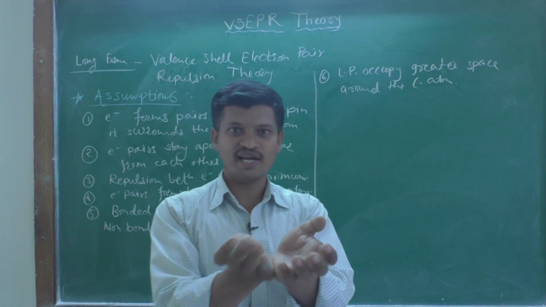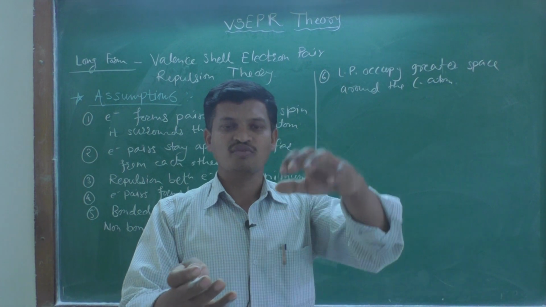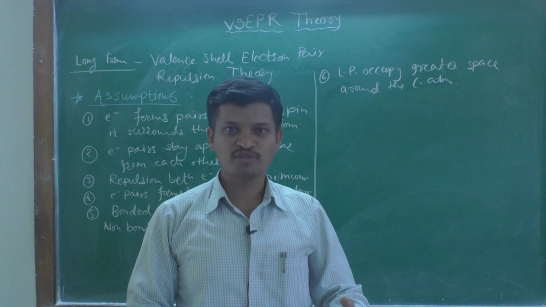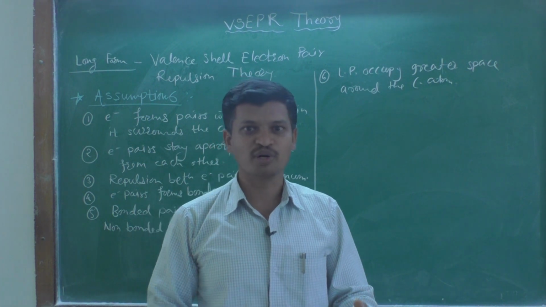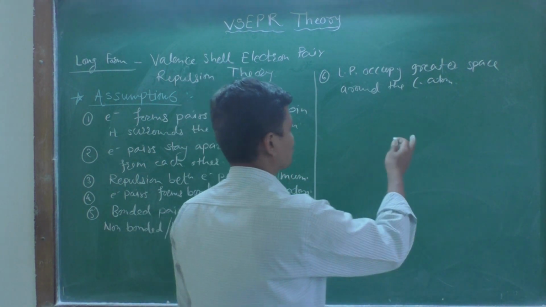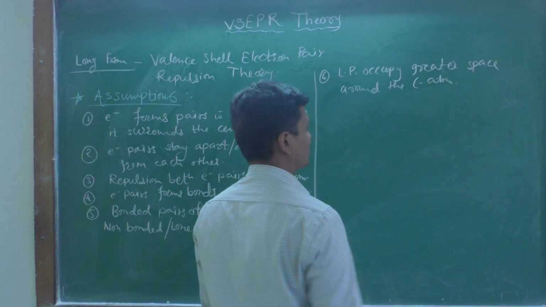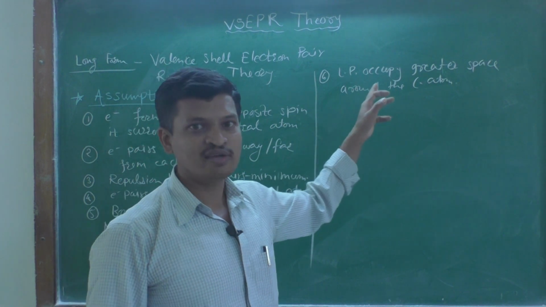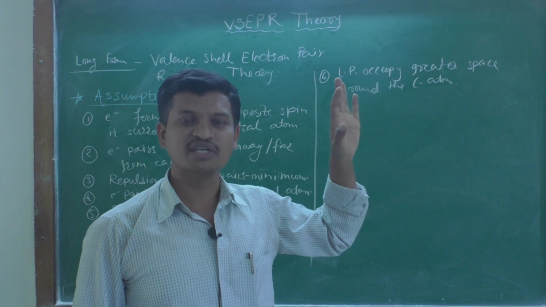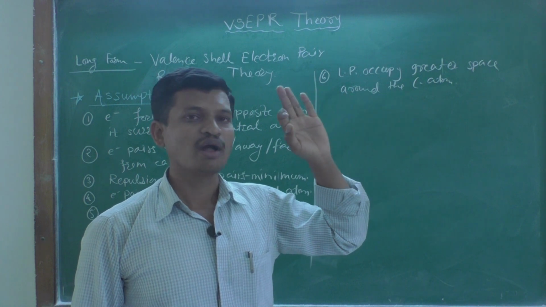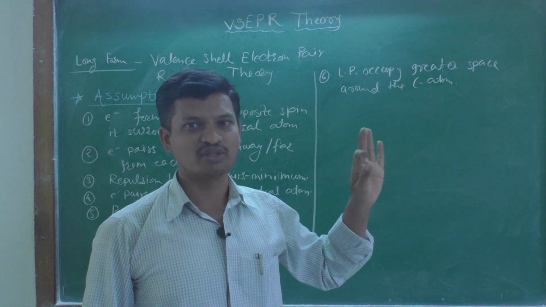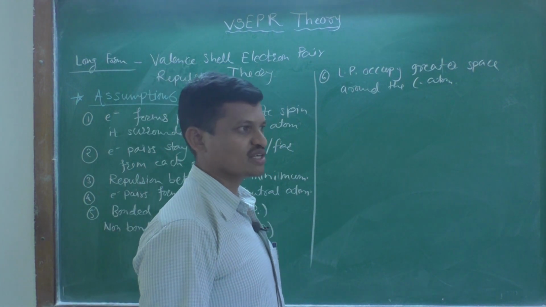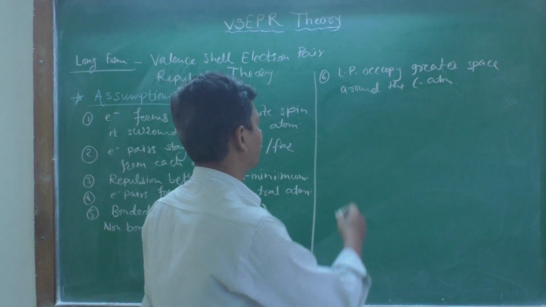So if this is the central atom, then the lone pairs present in the orbitals occupy greater space as compared to the bonded pairs of electrons. Hence this is the essential condition that whenever lone pairs of electrons are present in the molecule, they must be maximum apart from each other, to avoid the electrostatic repulsion between them.